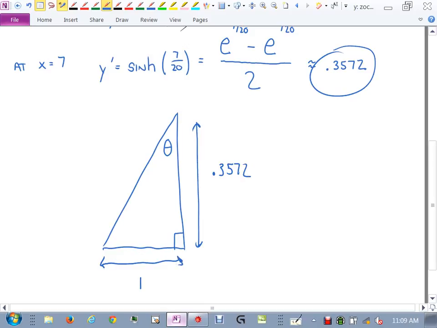Even though the picture is obviously not drawn to scale, it matches the slope of that line. And so if I look at it this way, here's my angle. This 1 on the side is the opposite of the angle, and the 0.3572 is my adjacent side. So I have a trig function that connects those together. It's tangent. The tangent of that angle that I'm trying to find will be 1 over 0.3572.